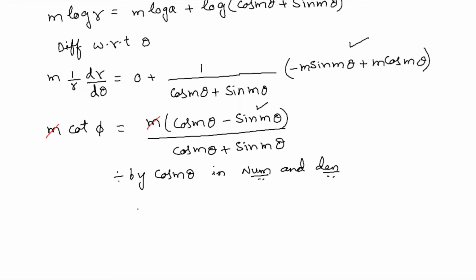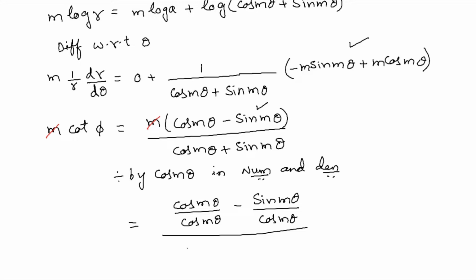So this will be equal to, suppose I am dividing the numerator by cos m theta: it is cos m theta divided by cos m theta, minus sin m theta divided by cos m theta, each term divided by cos m theta. It is whole divided by, in the denominator also, cos m theta divided by cos m theta plus sin m theta divided by cos m theta.